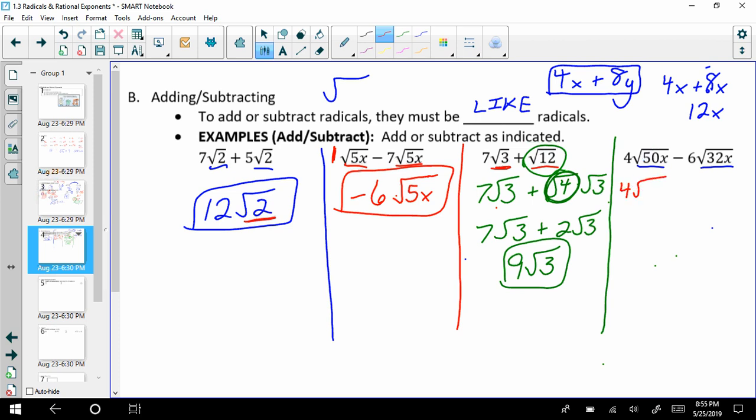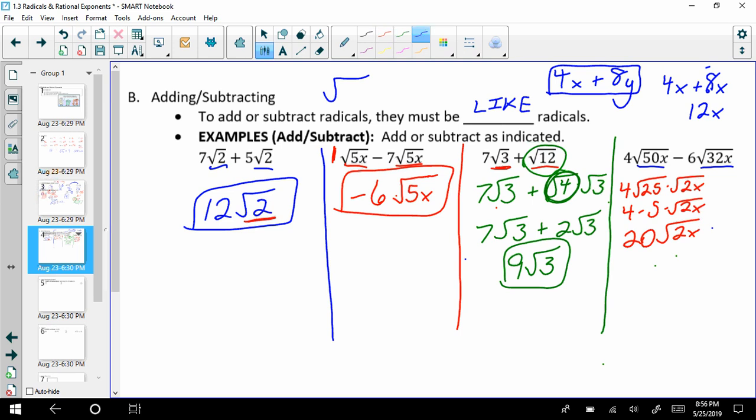So we're going to break this guy up into 25 and 2x. Let's simplify this first, then I'll work with the back one. So focus on the perfect square, the 25. That would become 5. And these multiply together. So 4 times 5, 20, and then the leftovers, square root 2x.